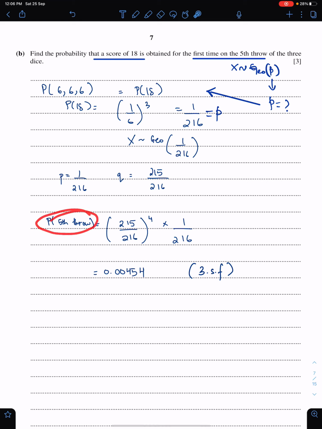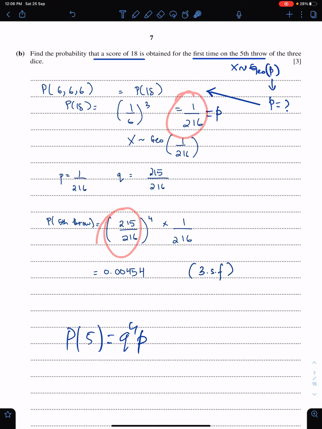The formula for the fifth row of a geometric distribution is q to the power 4 times p. Here p is 1 upon 216, therefore q will be 215 over 216. So q to the power 4 times p. Make sure you give your answer up to 3 significant figures.